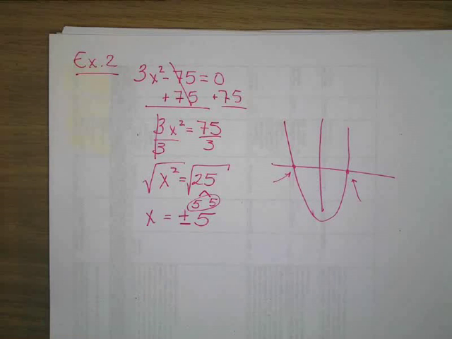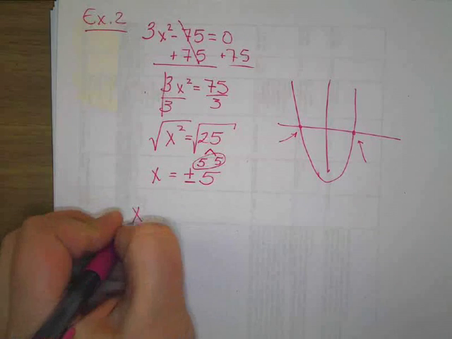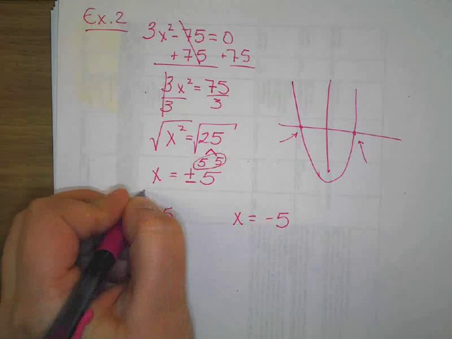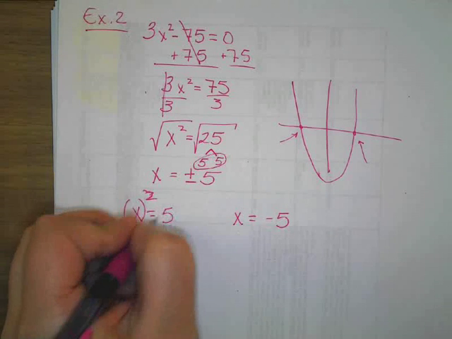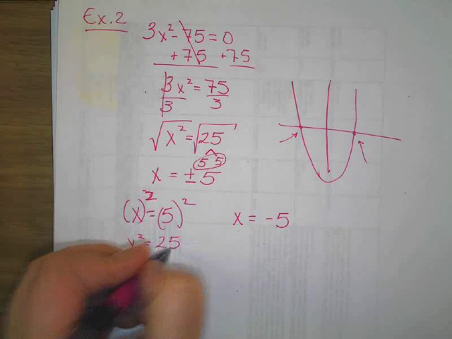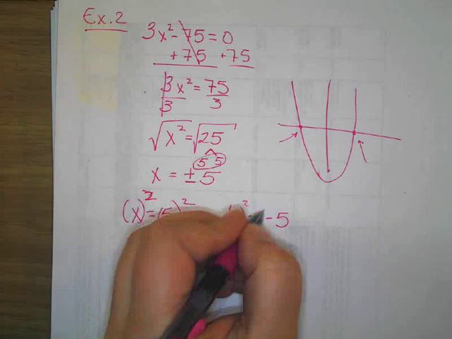So, here's why it's plus or minus. If I want to go back and I want to go to x squared, if I squared both sides, this is x squared equals 25. But what if I square this?